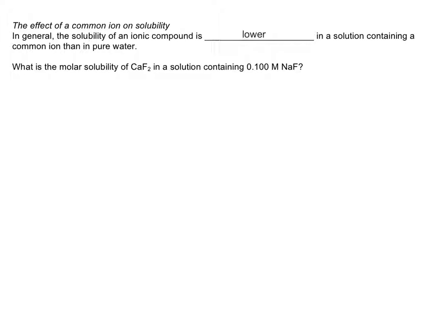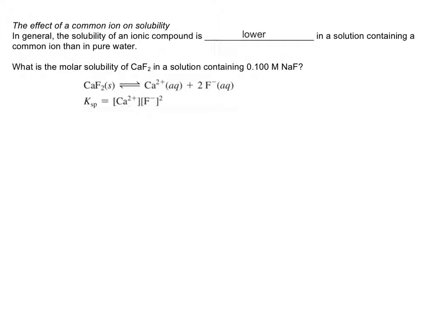What's the molar solubility of CaF2 in a solution that contains 0.1 molar NaF? CaF2 is going to break apart into Ca2+ and 2F-. I'm not going to write it out, but hopefully you can see that the NaF would also break apart into Na+ and F-.